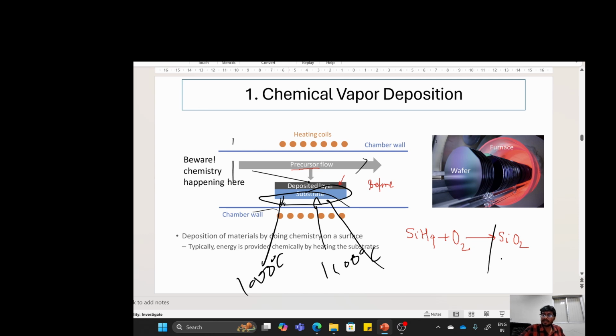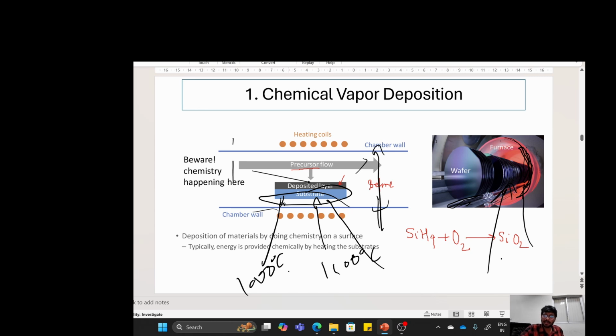So this is a kind of furnace. You just load your substrate in a tray. This is a quartz tray, mostly quartz only, because you cannot use metal, that would contaminate your wafers. And this is a furnace with a quartz tube itself.